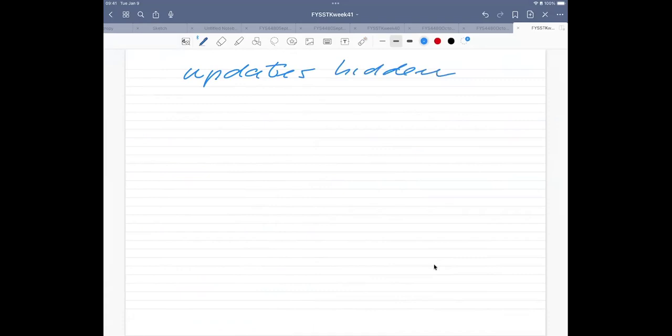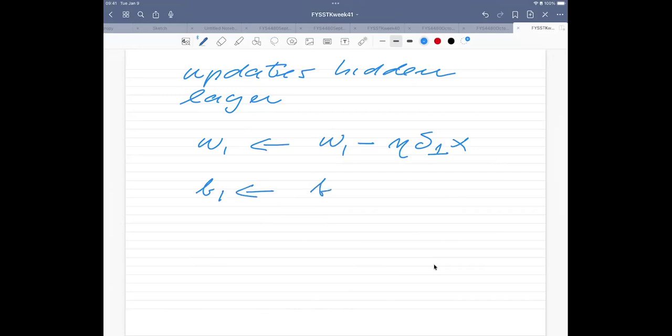The updates for the hidden layer are then given by W1, which is now being updated with the previous value minus eta, the learning rate, times this parameter delta 1 multiplied with X. And then I have my B1, which is being updated with minus eta times just delta 1.